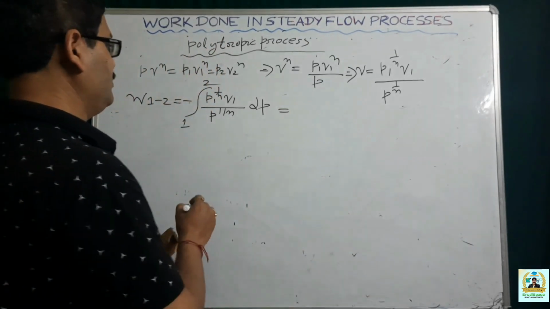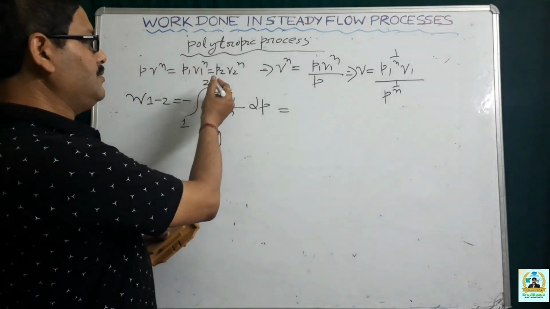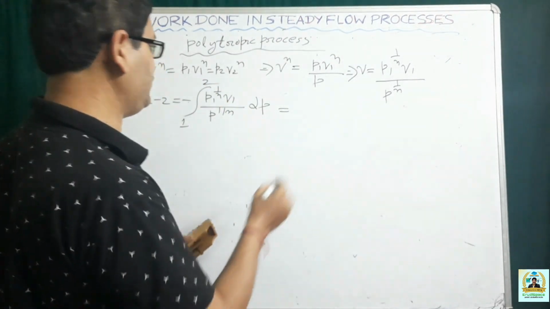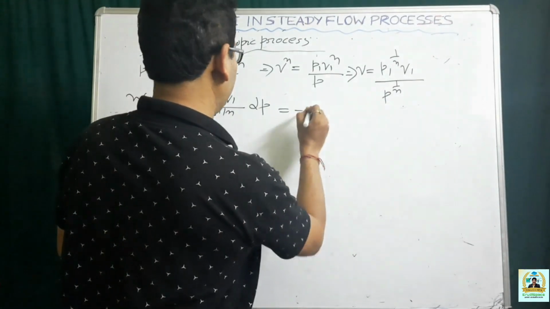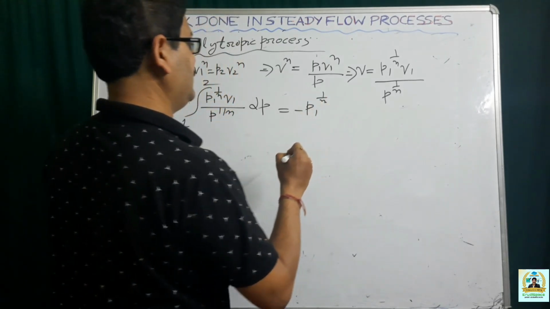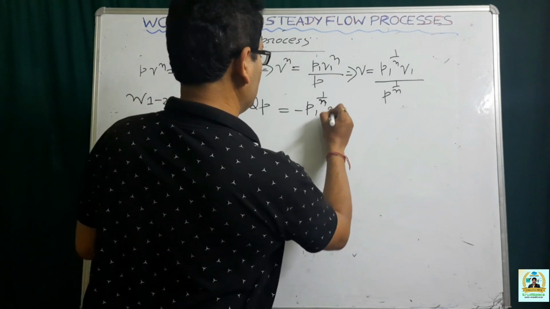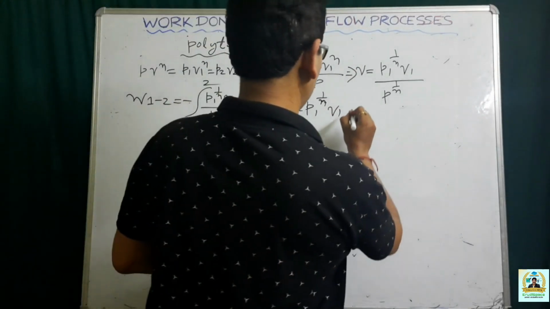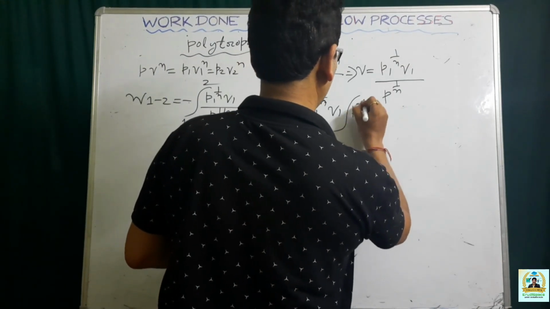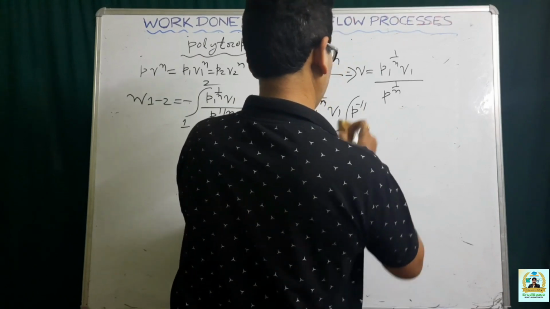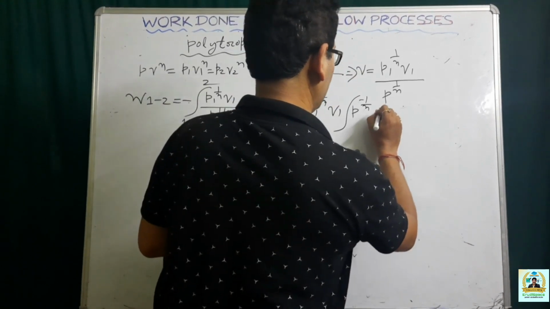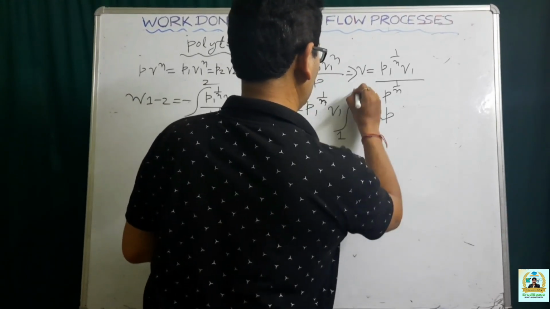Now P1 to the power 1 by n into V1, being a constant quantity, can be taken out of the integration sign. So this becomes P1 to the power 1 by n into V1 into integration of P to the power minus 1 by n dP from 1 to 2.